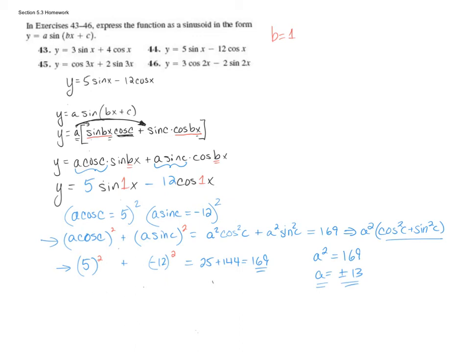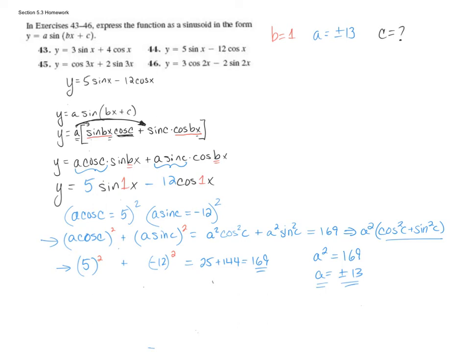However, let's take a look at what we still have remaining. We now know that A is either plus or minus 13. And lastly, we need to find out what C is. C equals question mark.